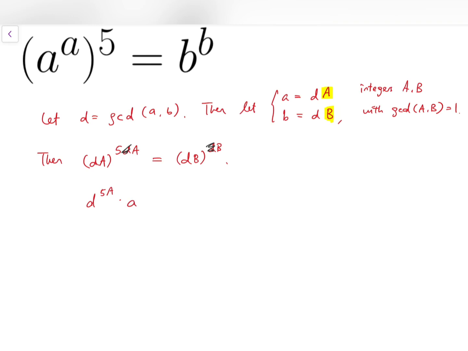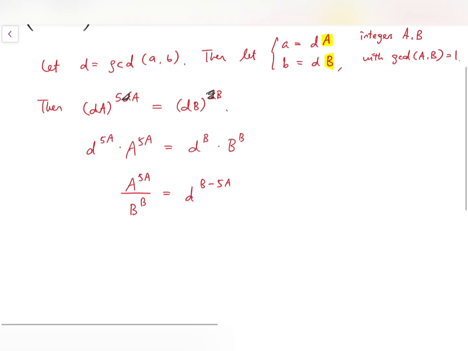So then d to the power 5a times big A to the power 5 times big A equals d to the power big B times big B to the power big B. And so we have big A to the power of 5 big A over big B to the power of big B equals d to the power big B minus 5 times big A.